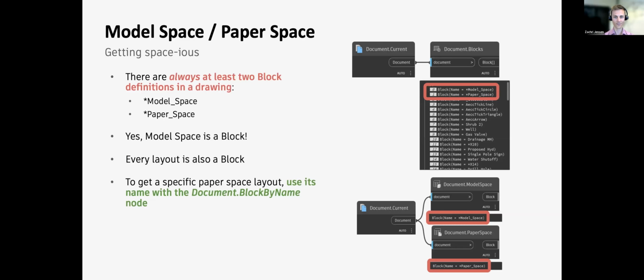And that's a great segue right there. For me, when I made the jump to command-driven AutoCAD and exploring Dynamo, this concept of model space and paper space was kind of an eye-opening thing. Model space and paper space are actually both blocks.